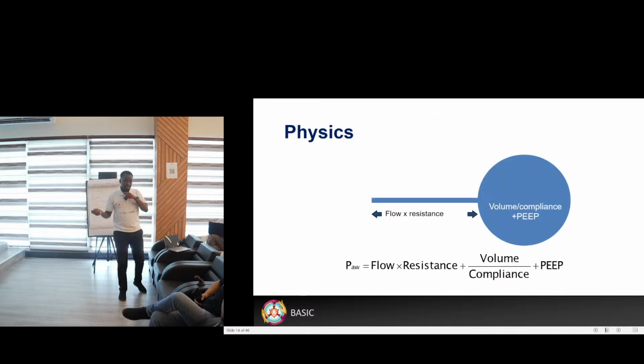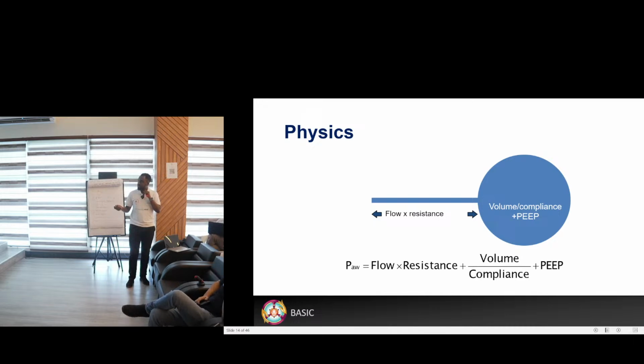So we have seen this diagram, this calculation. I know it would have been better if I drew it here again, but we don't have the papers here, so I'm going to take you through it. The balloon component: you have this component here, the flow and resistance. I will call it the resistive component, this part from here to here.